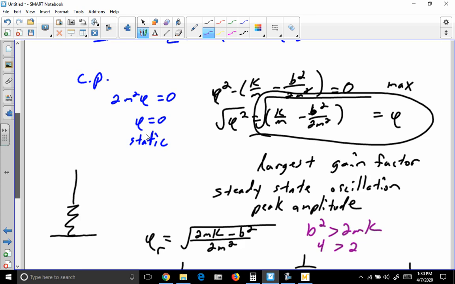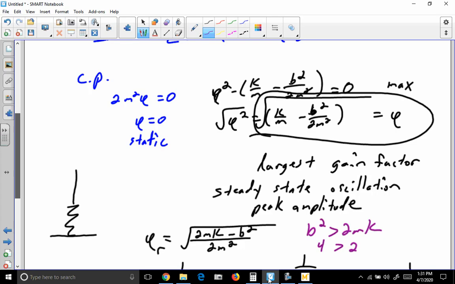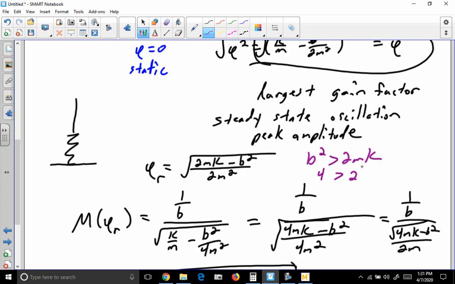So in that case, no peak there. But as we change b, let's say we let b be 1/2, then notice we do have a peak here. Notice if b is 1/2, 2mk, if we're letting m be 1 and k be 1, that's still 2.